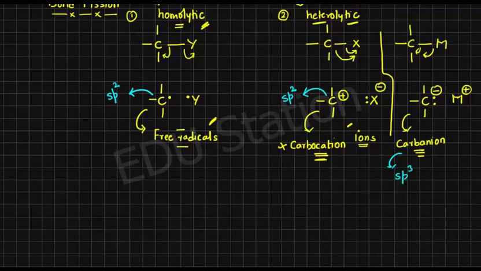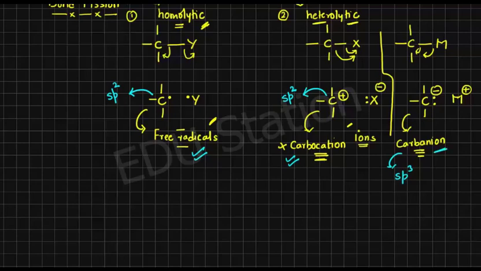So, you must remember this hybridization of carbon atom in these 3 cases. In most of the scenarios, free radical and carbocation, their stability orders are usually the same, they move in the same direction, and carbanion tends to move in the opposite direction.